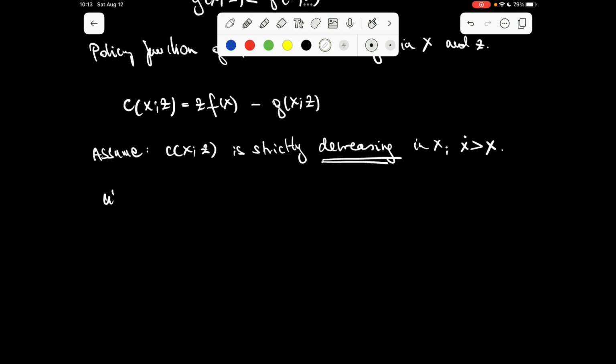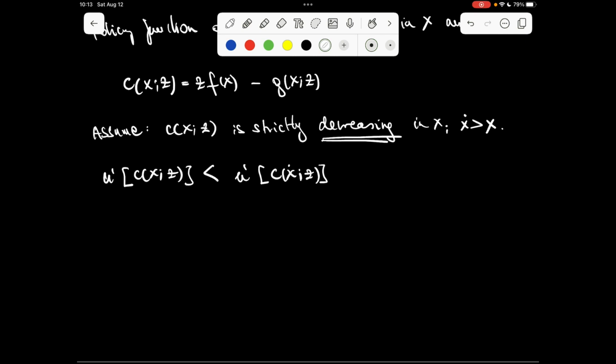Now we can state the following. Please be aware of the fact that it is consumption that is the argument of the utility function, and now that we have an explicit consumption function, we can use this function as the input of the marginal utility function, given the assumption that the consumption function is strictly decreasing in x.